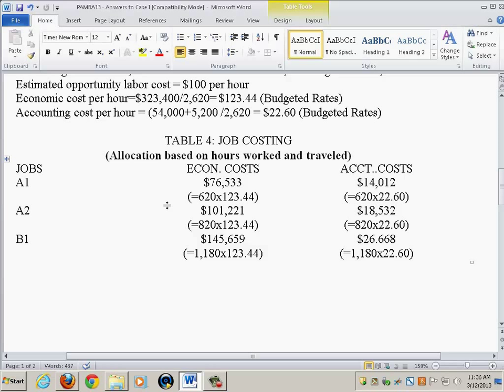It is arguably a reasonable approach to say that I want to use only travel hours as a basis or a cost driver to allocate travel costs, and do it separately that way. And if you did it this way, it would be considered correct. Okay, very good.